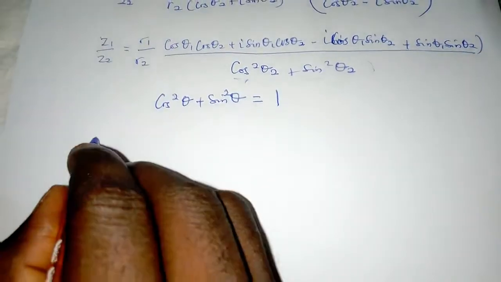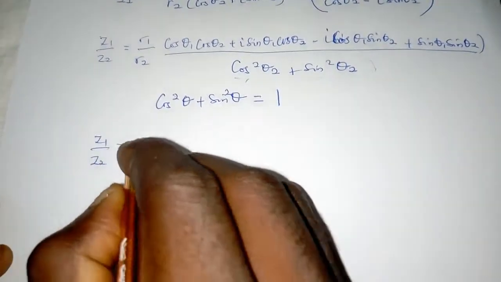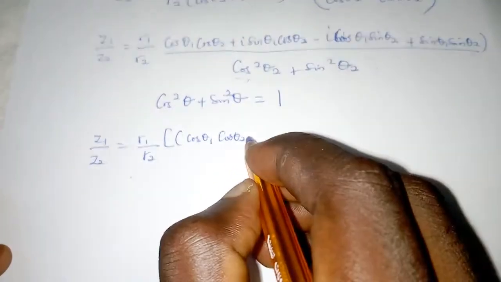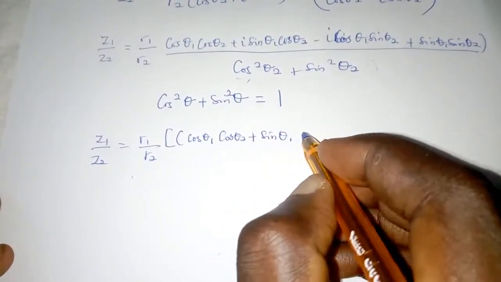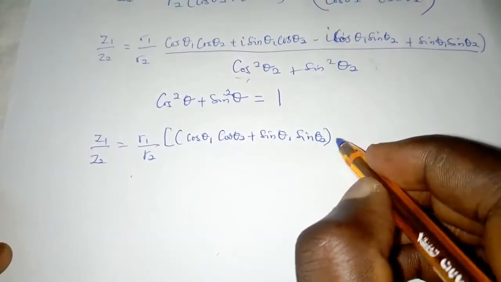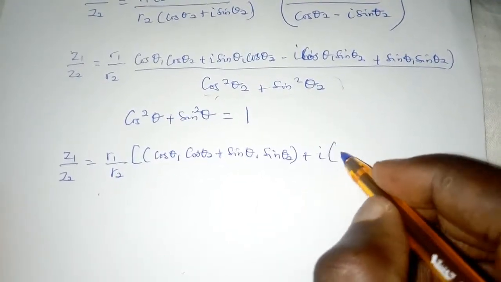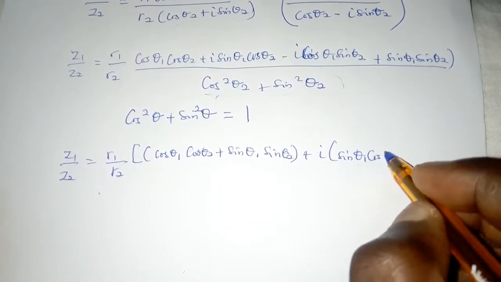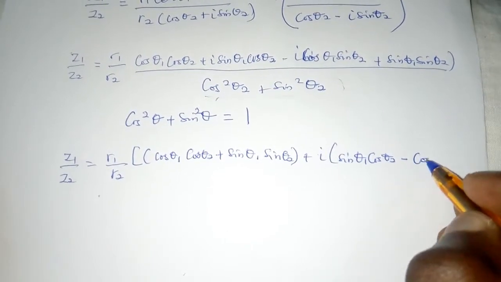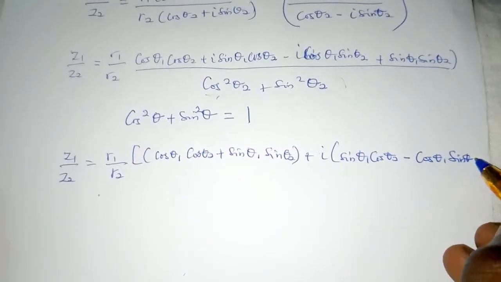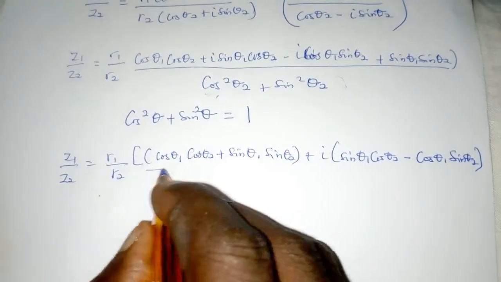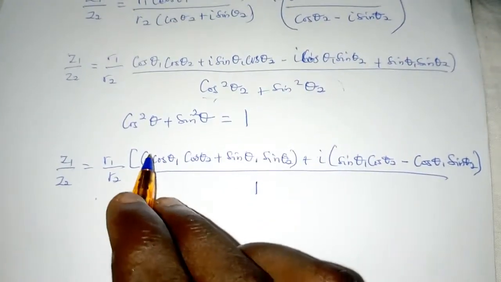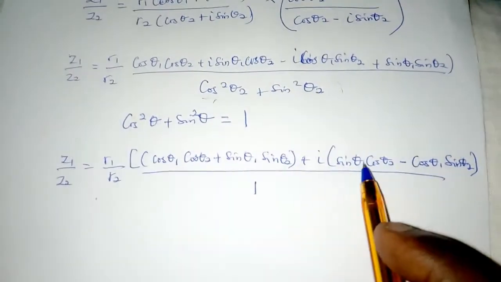So now z1 over z2 is equal to r1 out of r2 multiplying (cos theta 1 cos theta 2 plus sine theta 1 sine theta 2 plus i times (sine theta 1 cos theta 2 minus cos theta 1 sine theta 2)), all over 1. I've grouped the real part and the imaginary part, as you can see over here.